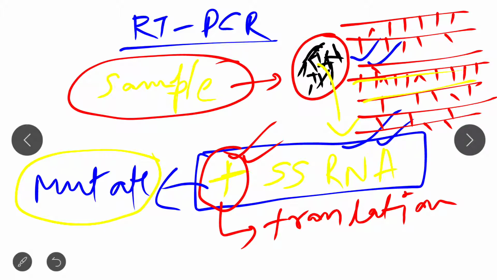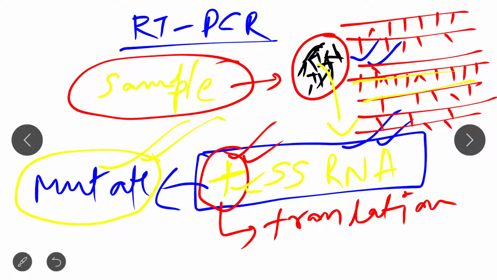And third, it can mutate itself. So if we combine all these three points, we can say that this virus is a positive single stranded RNA virus. Clear? I think that till now you have got a clear idea.